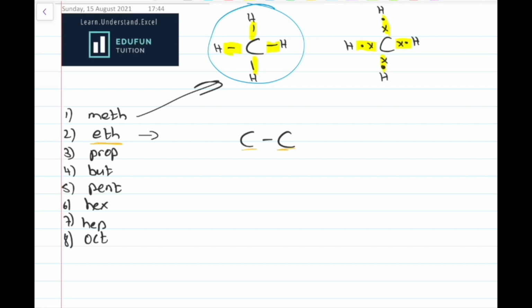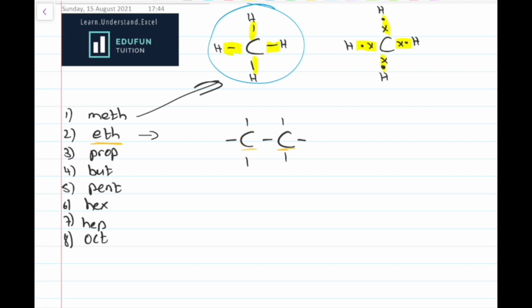So 2 carbons attached to each other, and then 1, 2, 3, 1, 2, 3. But essentially, it's 4 in total. So if we have a look here, 1, 2, 3, 4. So there's 4 bonds still. So that's what you need to keep in mind, that carbon needs to have 4 bonds. And once you know that, you should be fine.